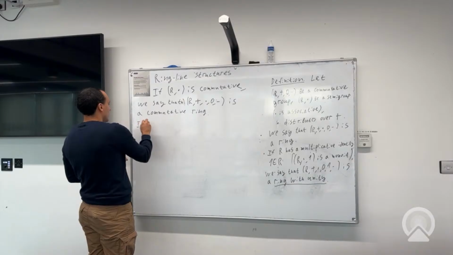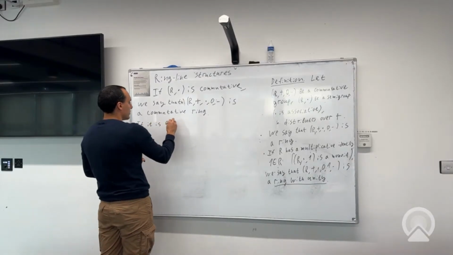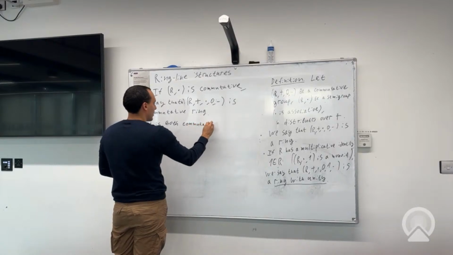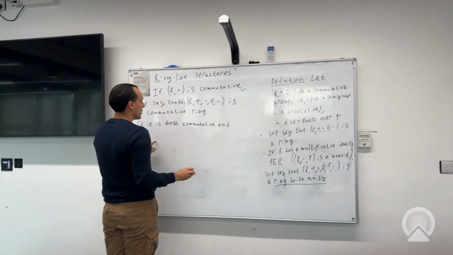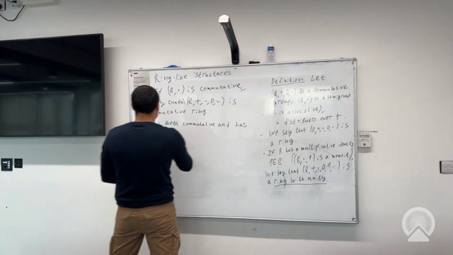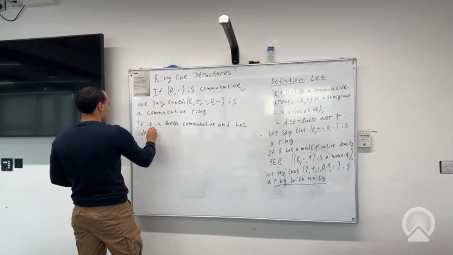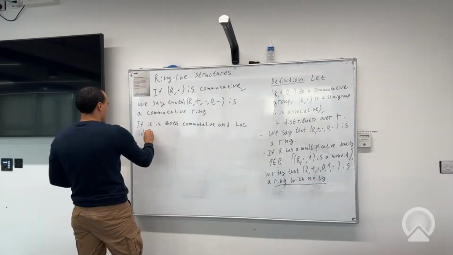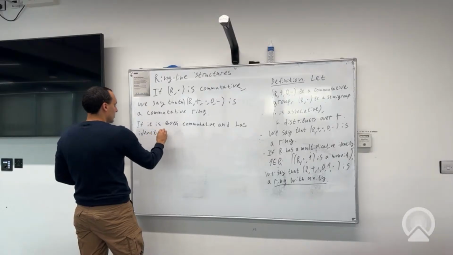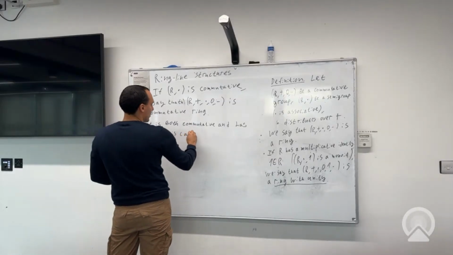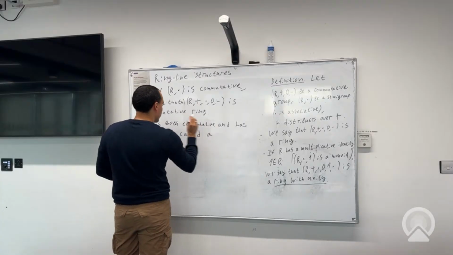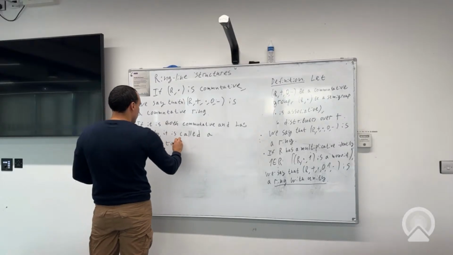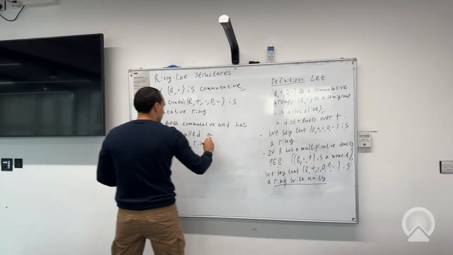If it is both commutative and has identity, it is called a commutative ring with unity.